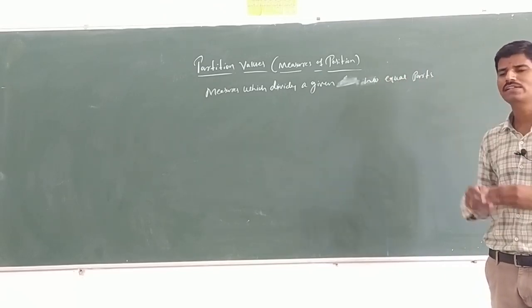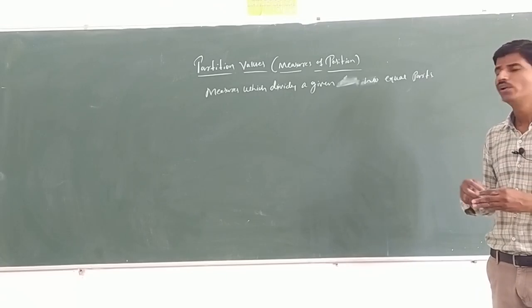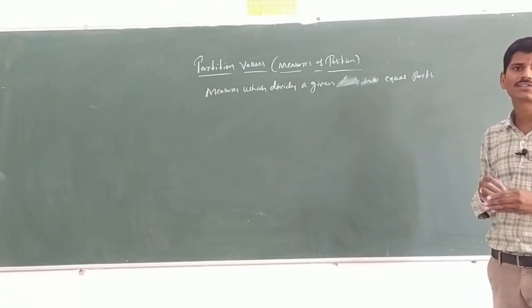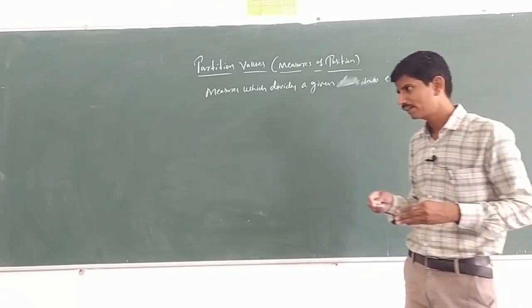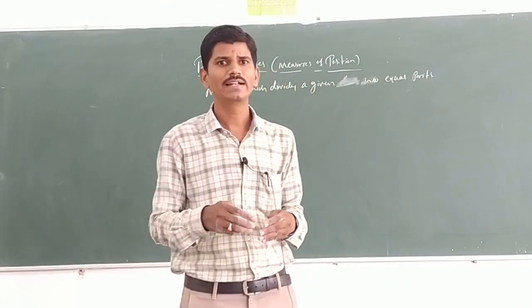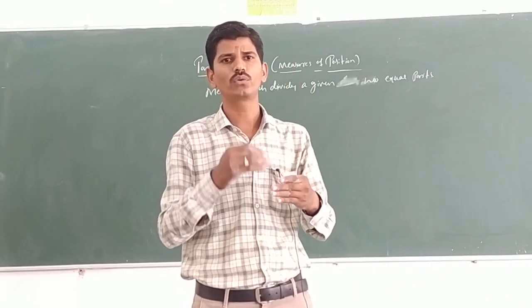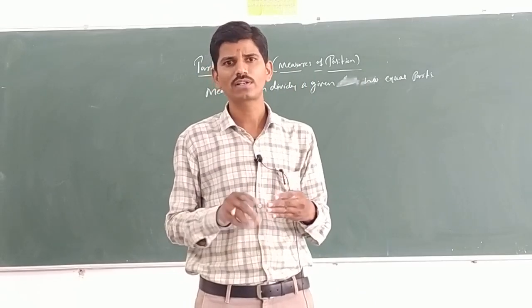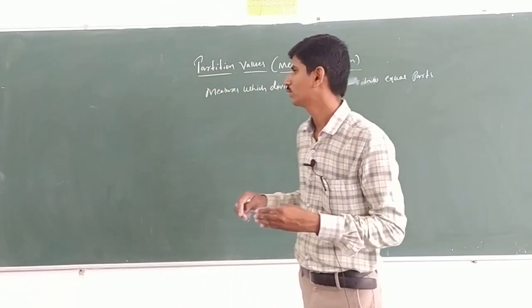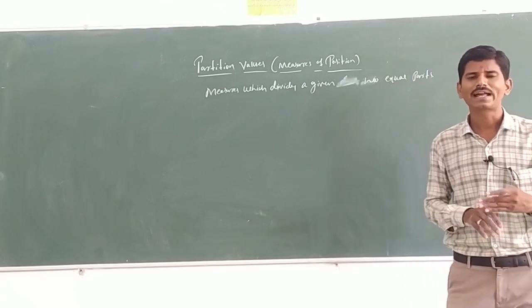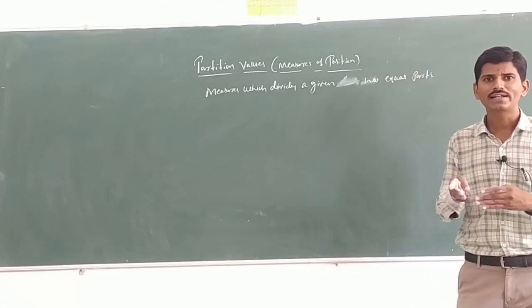Whole frequencies can be divided into equal parts. Suppose there are 10 parts, then it can be divided into 2 each up to 5 times, 2 fives are 10. Suppose it is 20, then 2 up to 10 times, otherwise 5, 10, 15, 20.